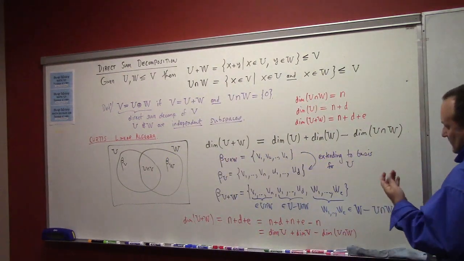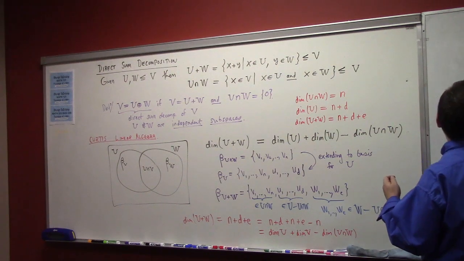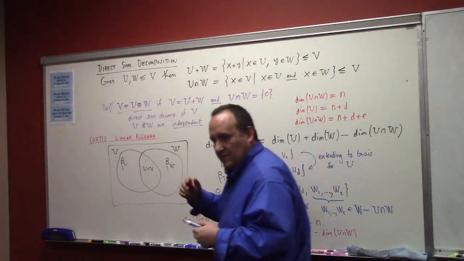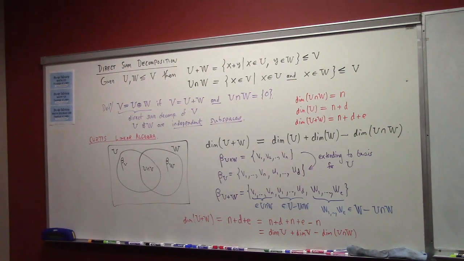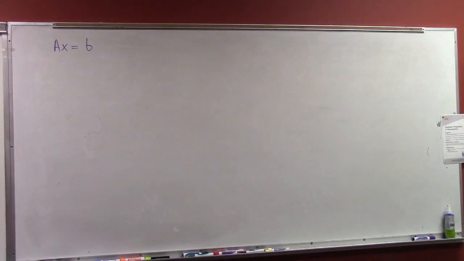Let me be really terse about this. If I'm thinking about AX equals B, and A is a matrix, B is a fixed vector, and I'm trying to describe what the solution set there is. Well, the solution set is not a subspace, right?